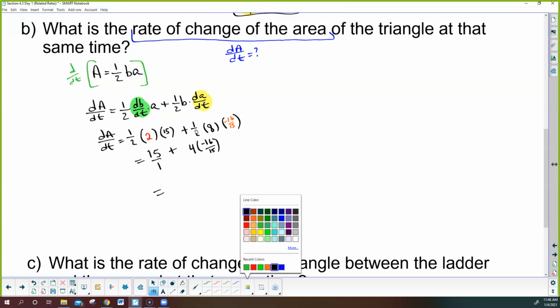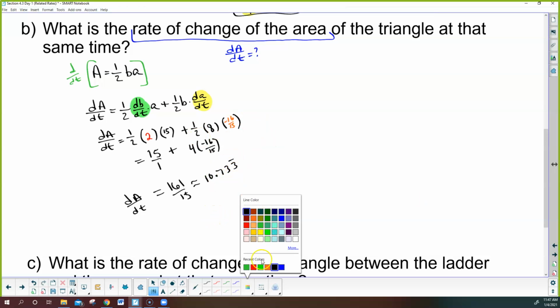So I'm going to do 15 plus 4 times negative 16/15. I turn it back into a fraction. We get 161 over 15, which is roughly equal to 10.733 repeating.